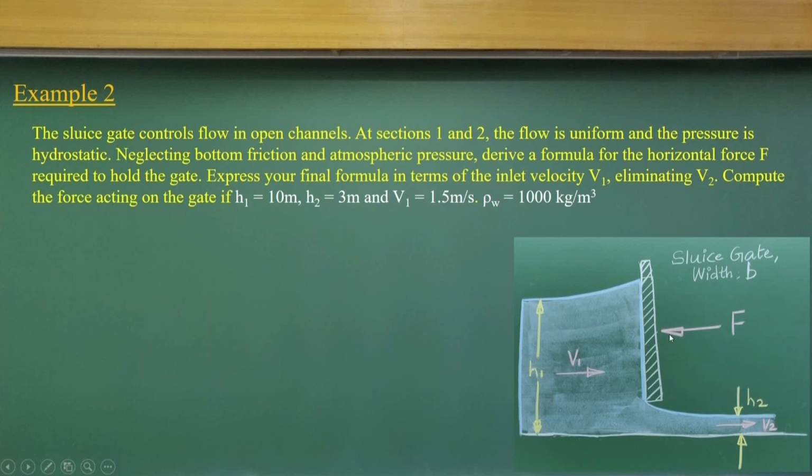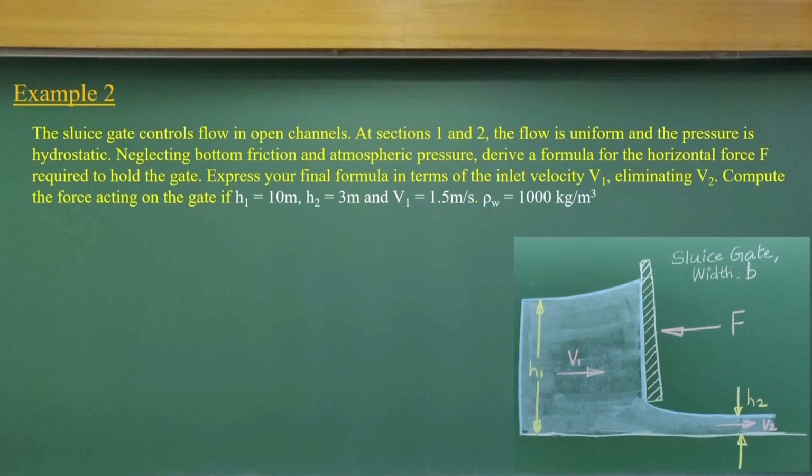What could be the horizontal force acting on this gate? That much force is necessary to hold it. What will be the final formula in terms of V1, V2, or eliminating V2?